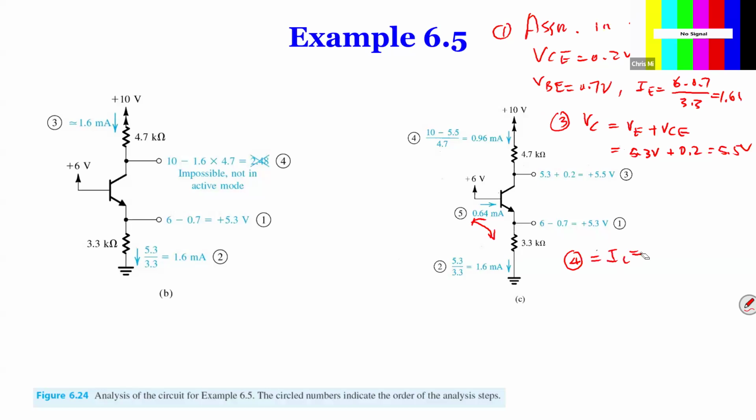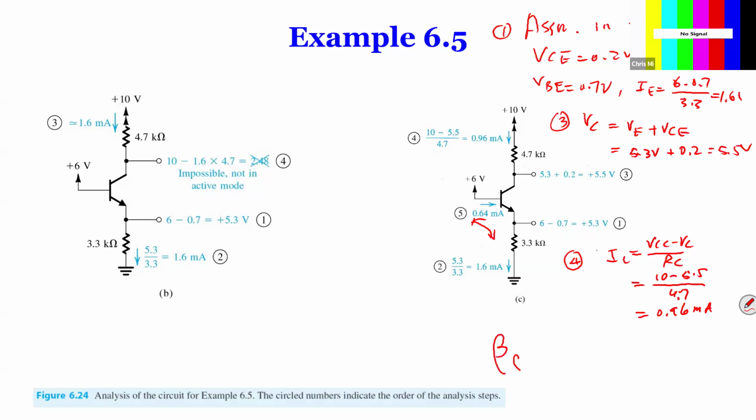IC is going to be VCC minus VC over RC. VCC is 10 minus VC of 5.5, divided by 4.7. That gives you 4.5 over 4.7, about 0.96. It's just a little error. Okay, so IC is 0.97.